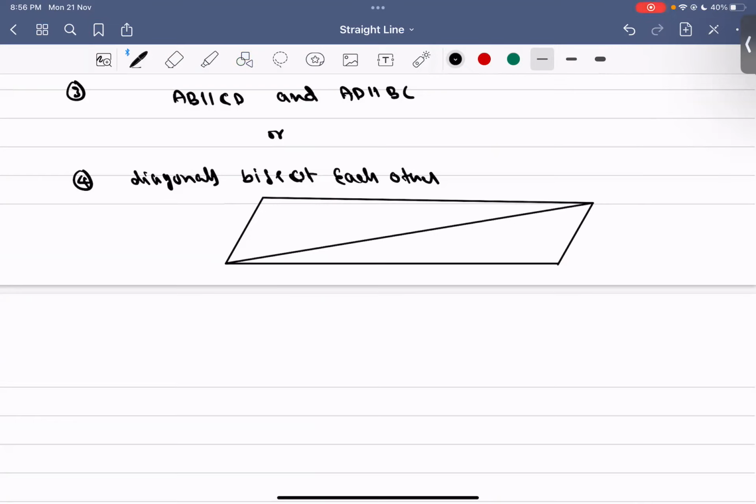In this one, suppose this angle is alpha and this angle is beta.